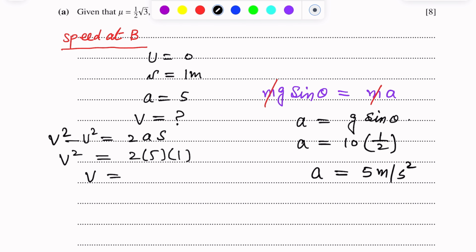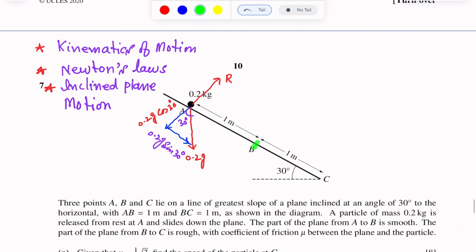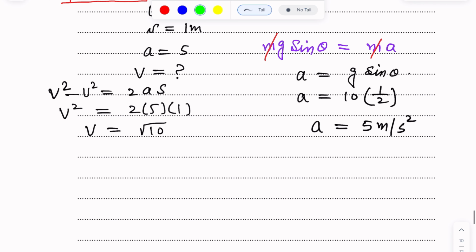So we get V is equal to plus minus root 10. We are taking the positive value, the magnitude of the speed, that is root 10 meter per second. This is the speed at B.